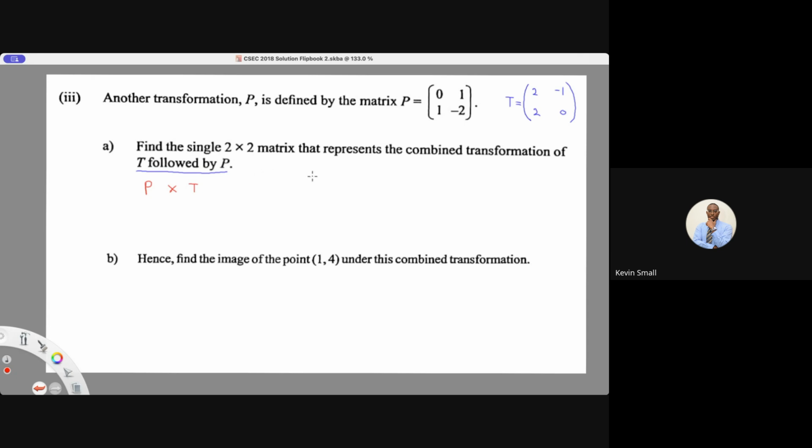So the P matrix is going to be 0, 1, 1, negative 2. And you're going to multiply that with the T matrix, which is 2, negative 1, 2, and 0. So this is a matrix multiplication question. Again, matrix multiplication is row by column. So if you've never done matrix multiplication before, you might be a bit lost. But for those who have, they should be able to do it.